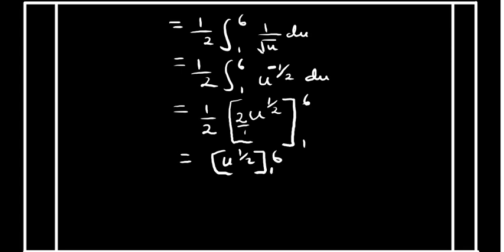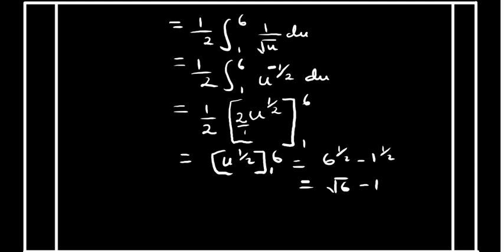And of course when you substitute the limits, that will be 6 power half minus 1 power half. And that can be written as root of 6 minus 1, or you can write your answer to at least 4 decimal places unless instructed otherwise.